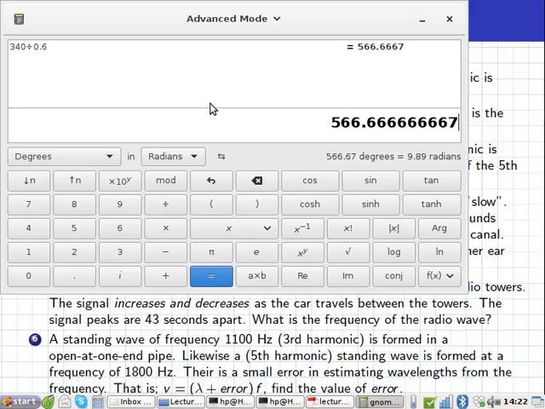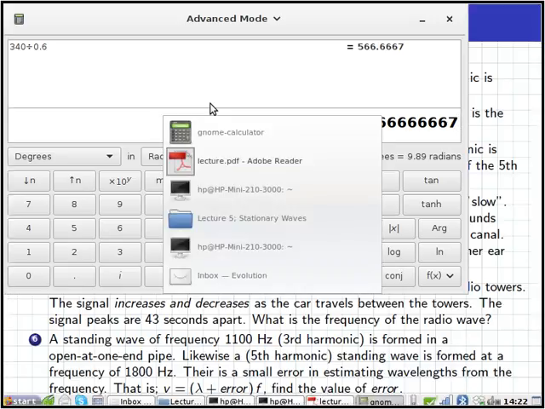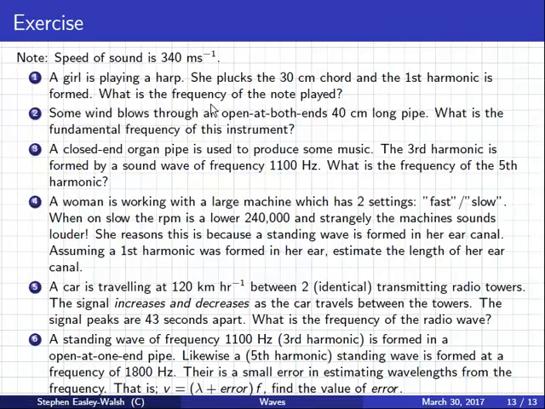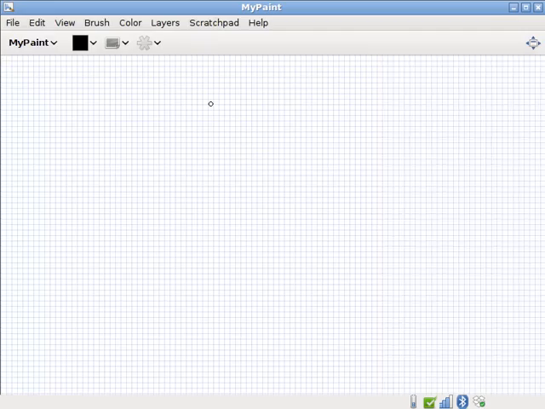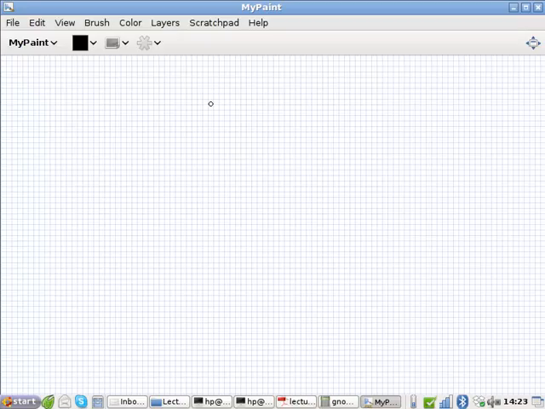Right, number 2. What is happening in number 2? Some wind blows through an open at both ends 40 centimeters pipe. What is the fundamental frequency? So do you remember for this pipe on the diagram it goes up in half? So for the first harmonic, it's half a wavelength.